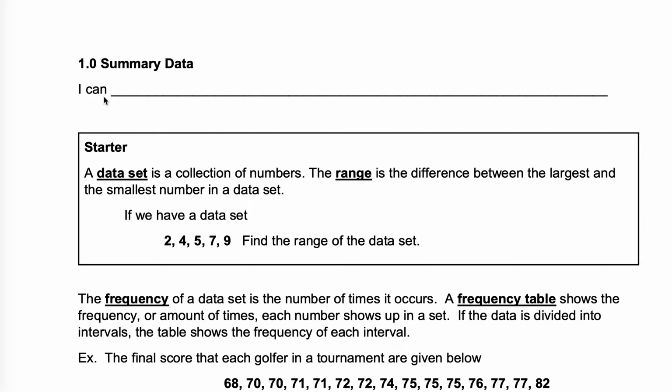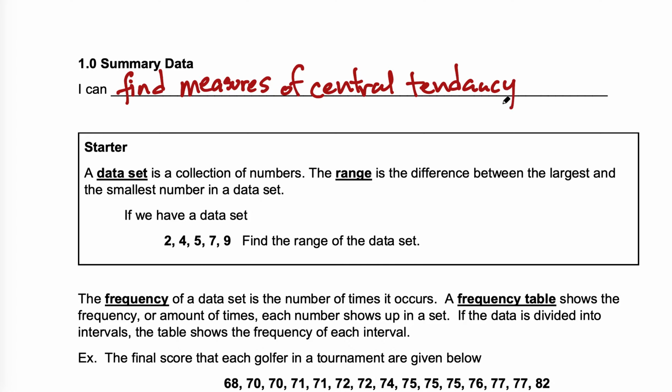So, we're going to be doing the second half of chapter 11 here, and this starts the statistics part of the chapter. There's two things we're going to be doing in this section. The first one is that we are going to be able to find measures of central tendency, and we are going to create box and whisker plots.